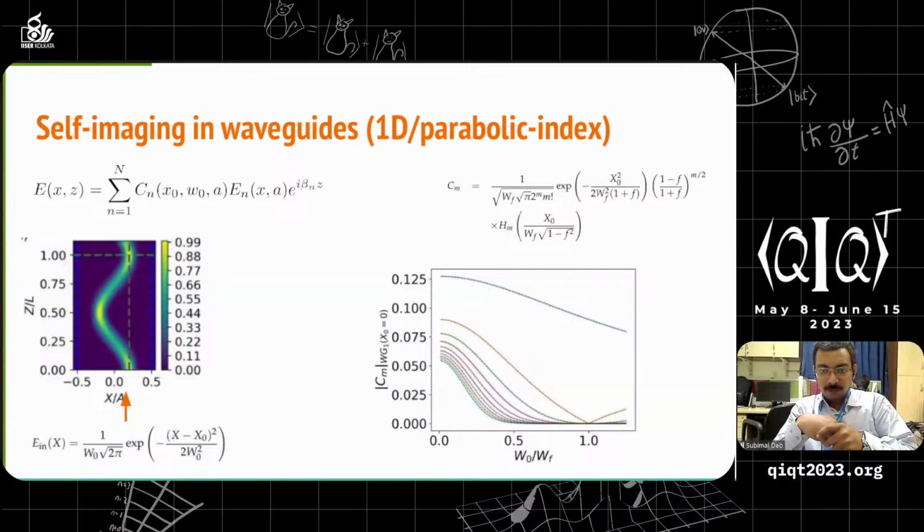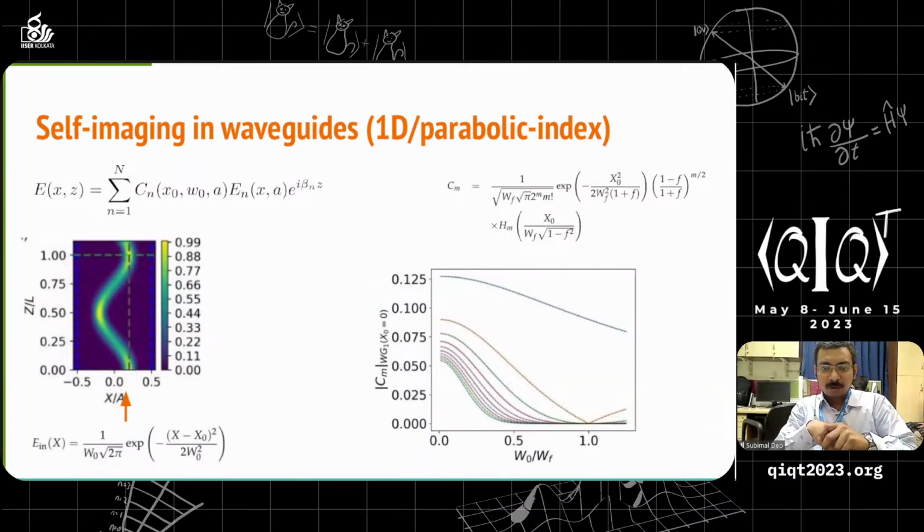And if you see carefully, the curves that I have shown here are in two sets. One set of curves are in color, and the other set of curves are dashed black lines. So the dashed black lines are the ones which are numerically simulated using finite differences for the scalar wave equation, and they agree very, very well with the analytical expression. So that gives us a kind of confidence that we are doing things right.